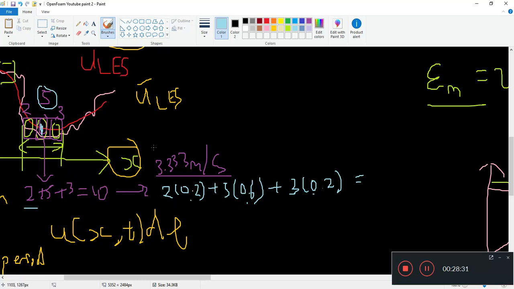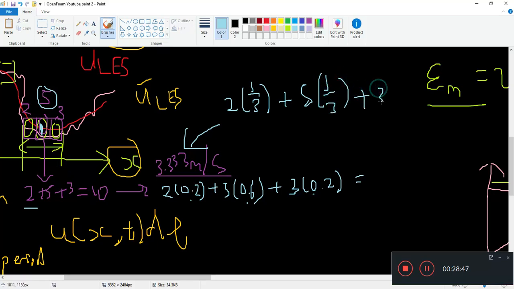Instead of giving a weight factor of 0.333 to each of these, because to get this 3.333, it's actually 2 times 1 over 3, plus 5 times 1 over 3, plus 3 times 1 over 3. That's how I get this average of 3.33 meters a second. If I want to assign a weight factor, I can do that.